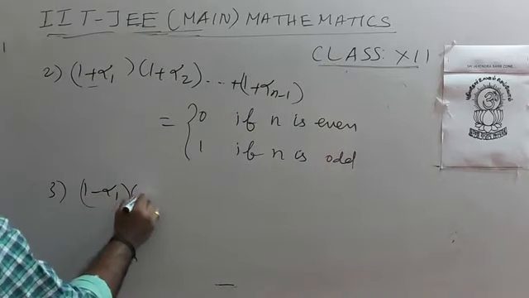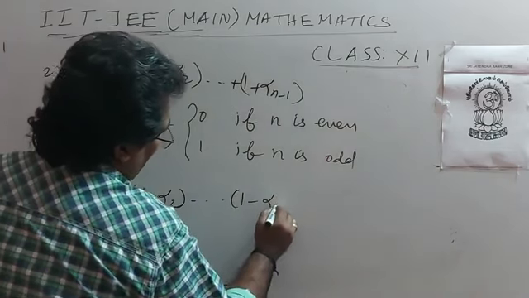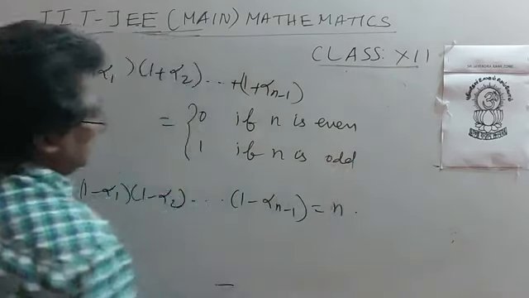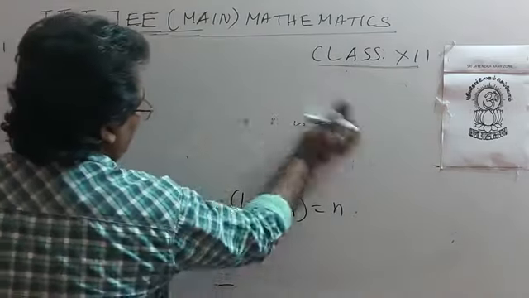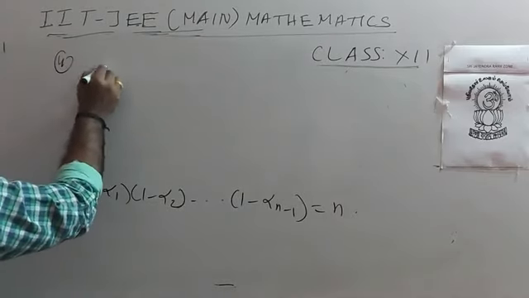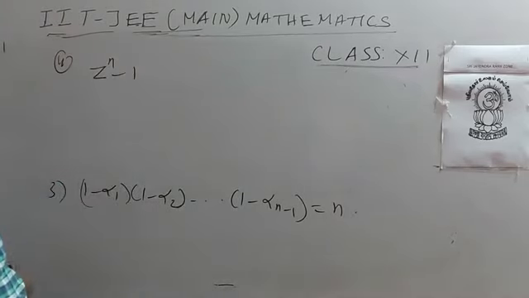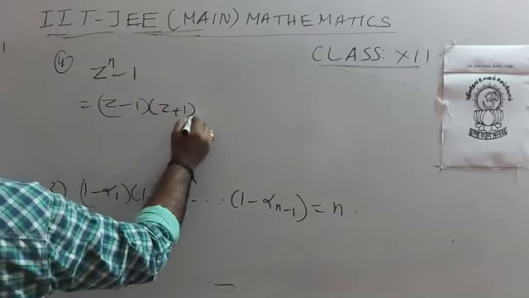1 minus alpha 1 into 1 minus alpha 2 etc. 1 minus alpha n minus 1 equal to n. z power n minus 1 equal to z minus 1 into z plus 1.